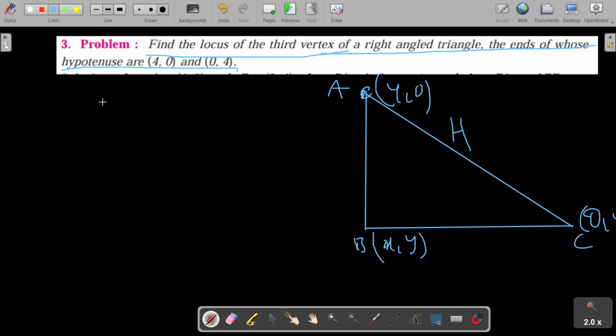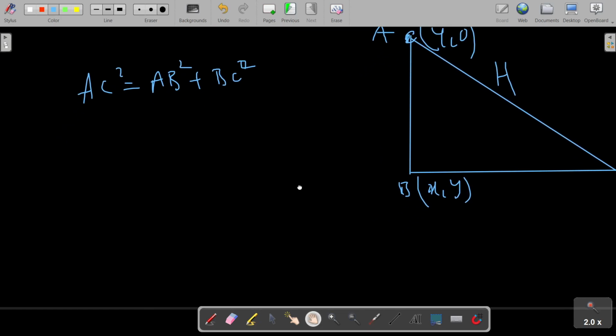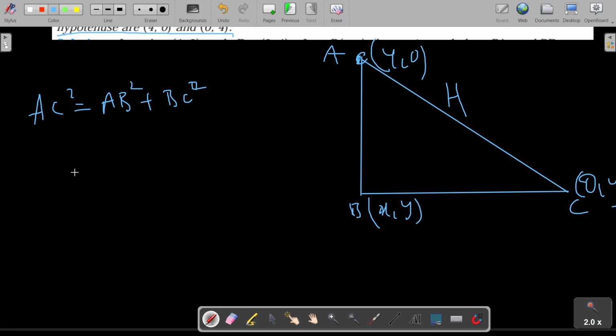What we can do here is use the Pythagorean theorem, which states that AC squared is equal to AB squared plus BC squared. The hypotenuse squared is equal to the sum of the squares of the two other sides of the right angle triangle. So let's calculate AC.